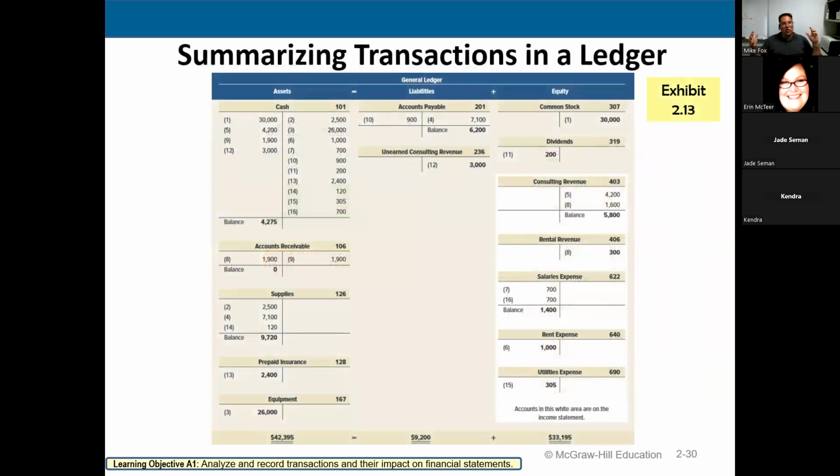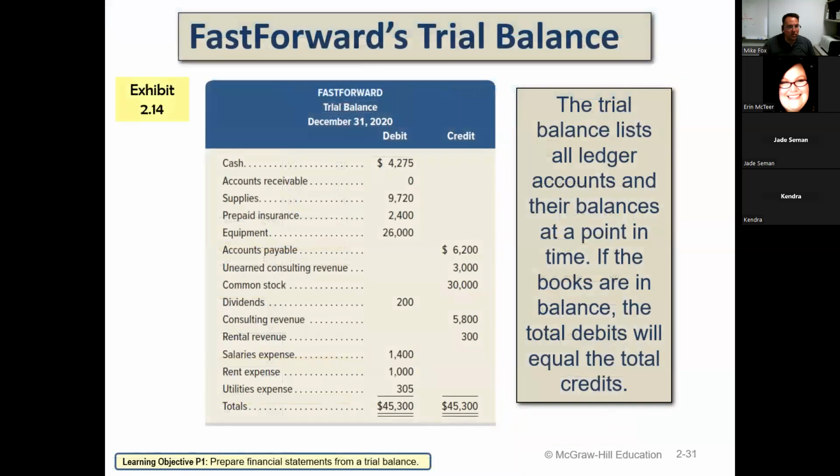All right. So at the end of the month, we go, hey, look at this. I've got a record now in my ledger, this is my T account ledger, of all of these transactions. And then I can calculate the balance just by adding up each side, subtracting the smaller side from the larger side, and getting a balance. So this is pretty handy. Now I know the balance of each of my accounts. And then I can summarize those balances in what's called a trial balance.